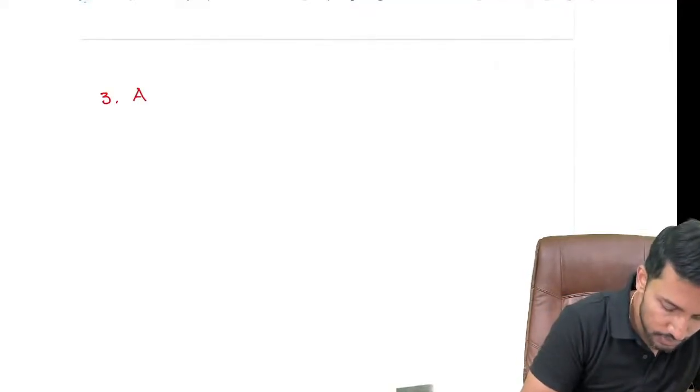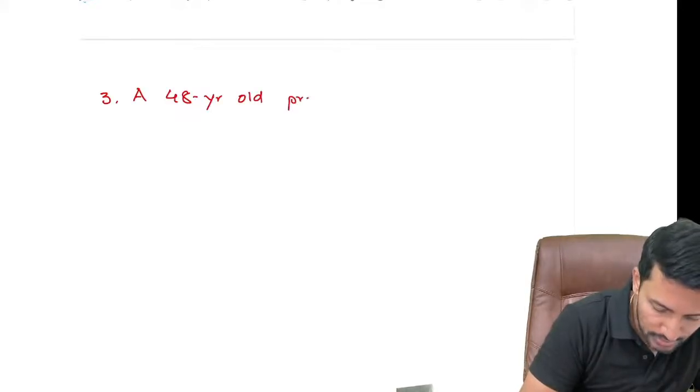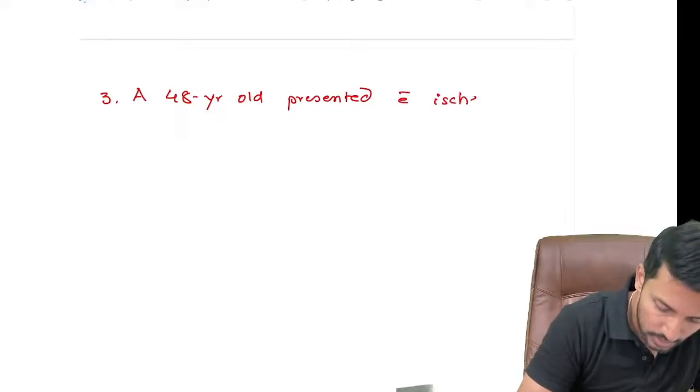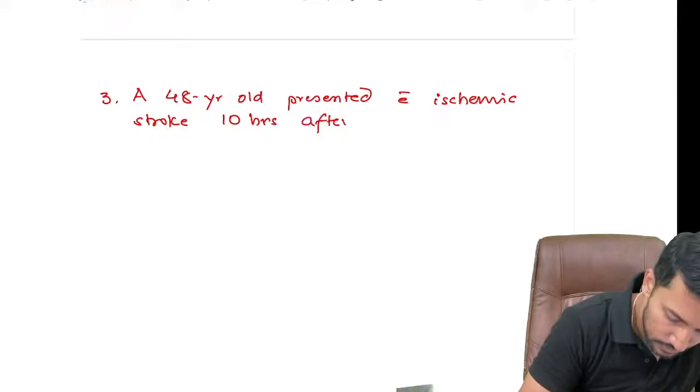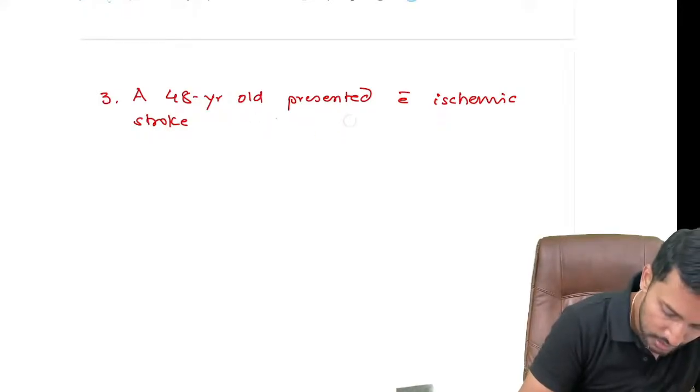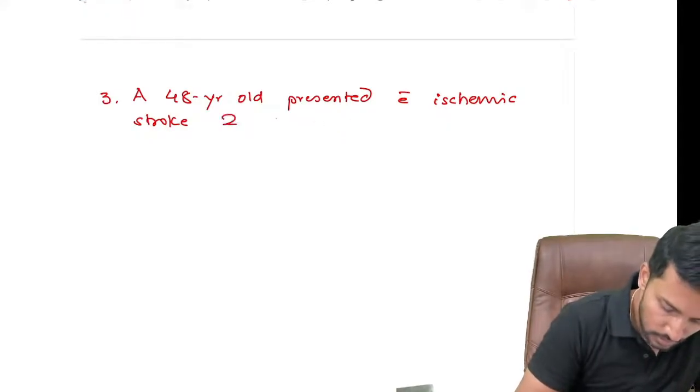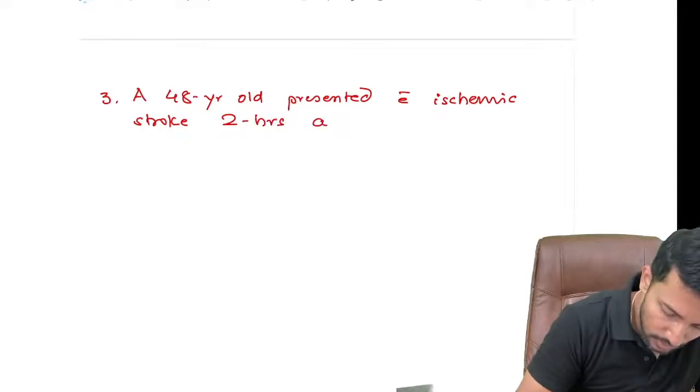So here we have a 48-year-old who presented with ischemic stroke 2 hours after onset of symptoms.